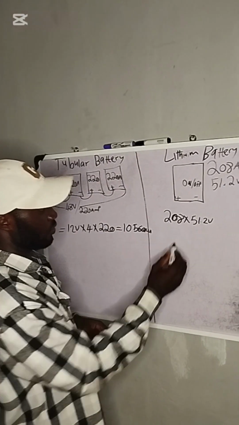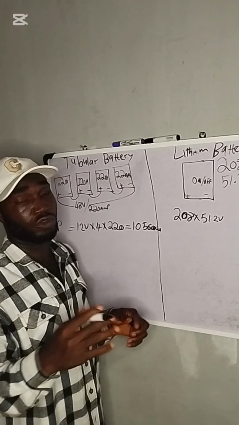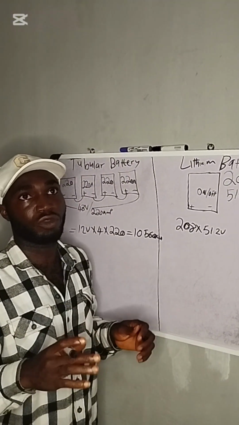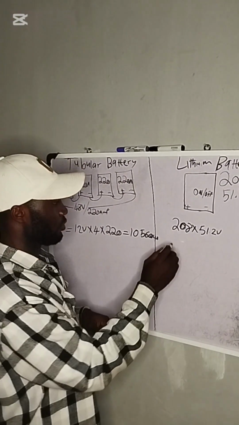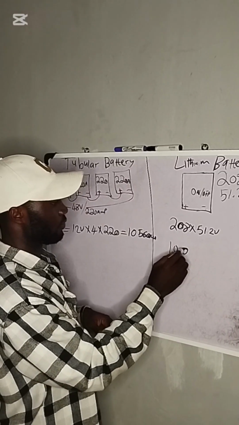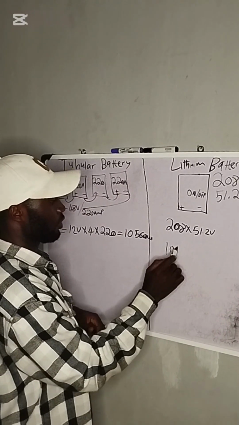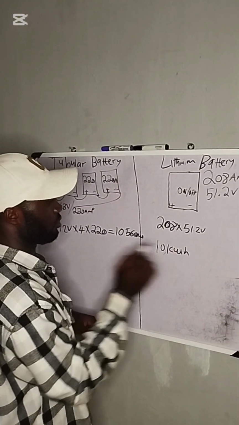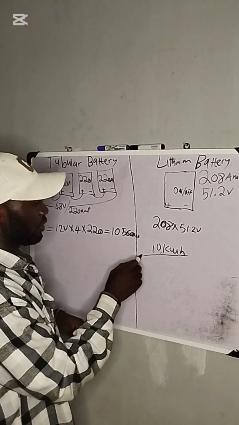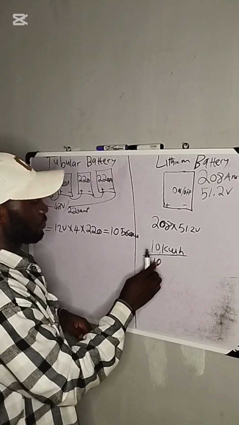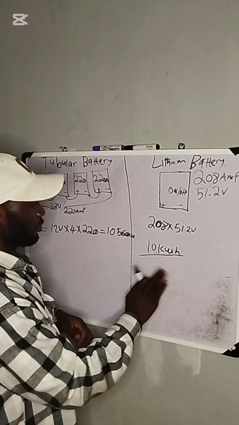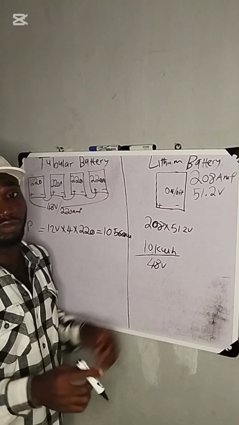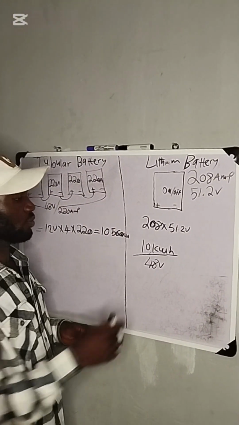by dividing. If you want to know the current of a 10 kilowatt lithium battery, you say 10 kilowatts divided by 1,000, divided by 48 volts, because the voltage of the lithium battery is 48 volts.